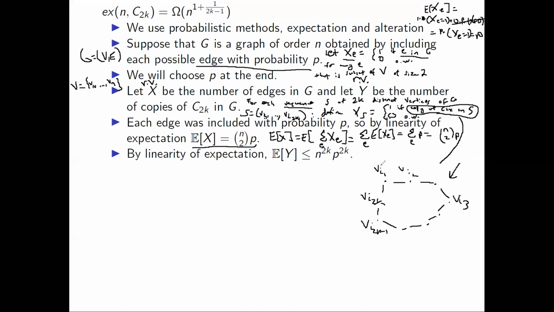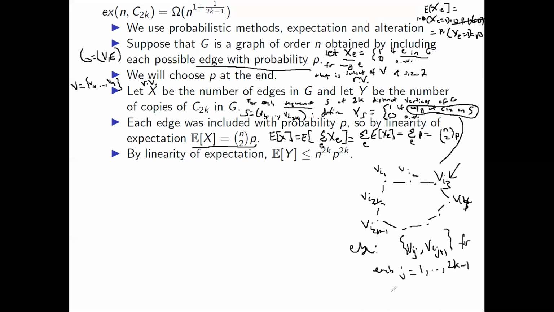So if we take our vertices in order, VI1, VI2, VI3, all the way up to VI2k, we must have an edge VI1 to VI2, an edge VI2 to VI3. This should be VI3 right here, sorry, and that should be VI4. So we want an edge from VIj to VIj plus 1. So we need an edge VIj, VIj plus 1, and this is for each j equal 1 up to 2k minus 1.